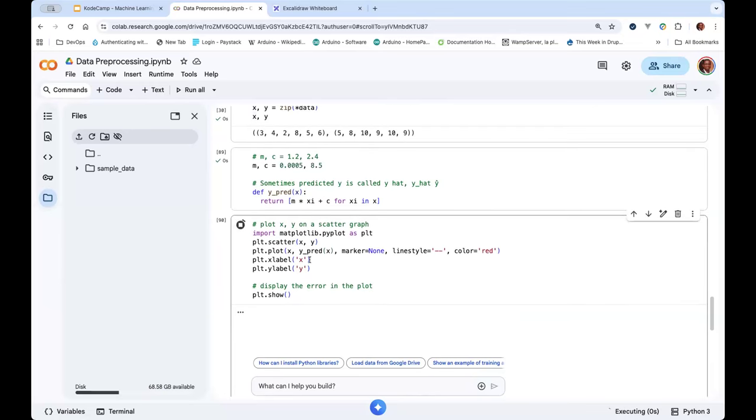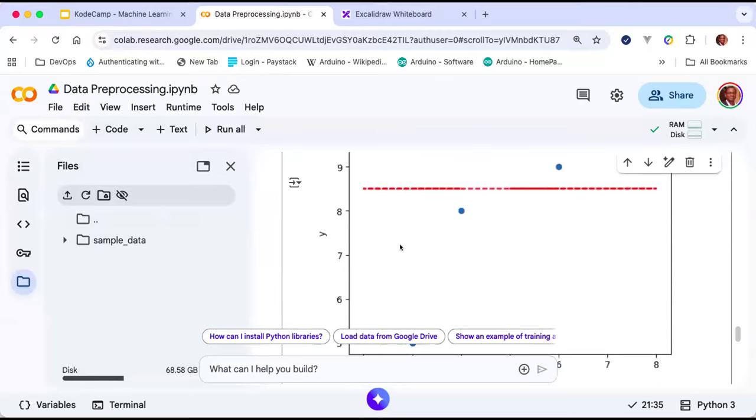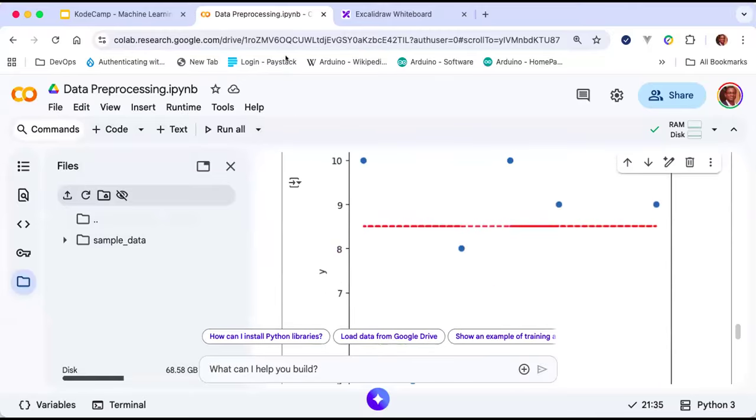You now see that the graph has changed, right? If you can see that. So the graph has changed. It is now almost flat, right? It's almost flat.